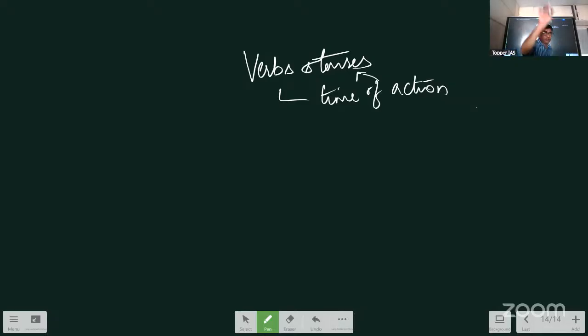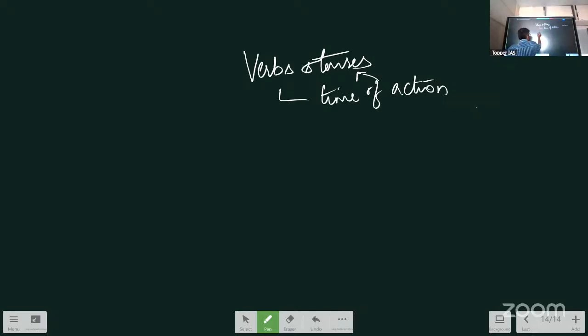So verb denotes action, but when the verb also denotes the time of the action, it is called tense. Is that clear? All of you? Now, how many tenses do you know of? Yes, present, past, future. One more is called perfect tense. Okay, we are going to study all the four tenses, and under each tense, there is a minimum of two subtenses. That also we will study.